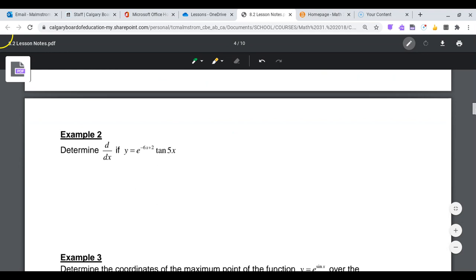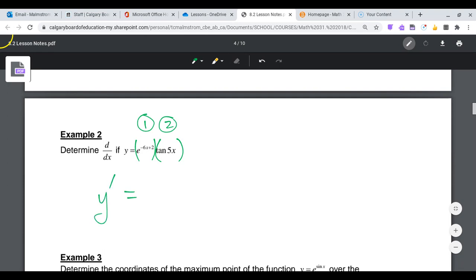Next one. What happens if we have e to the power of something ugly times tan 5x? So we have another product rule. Each of those pieces has some arguments that require a chain. So we have a product and a chain.